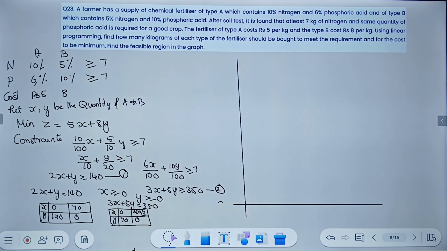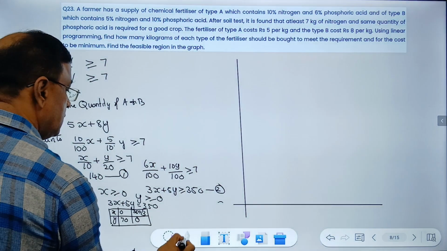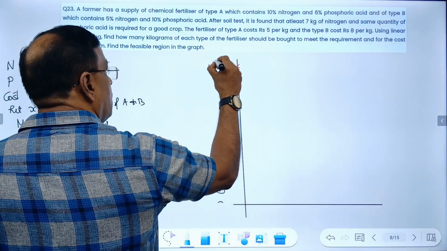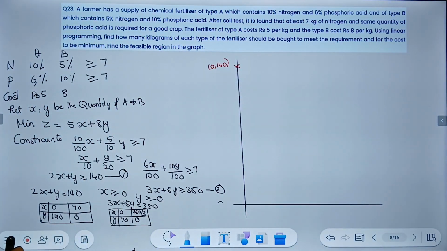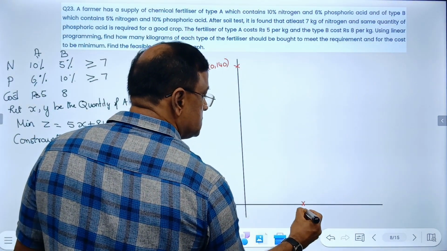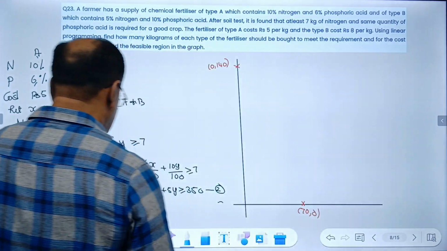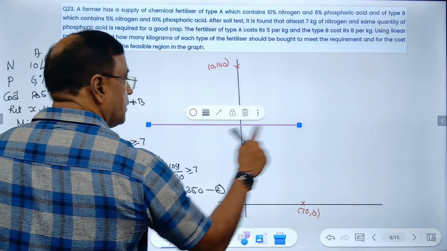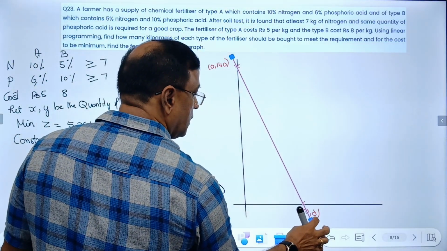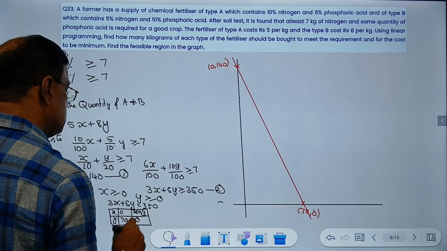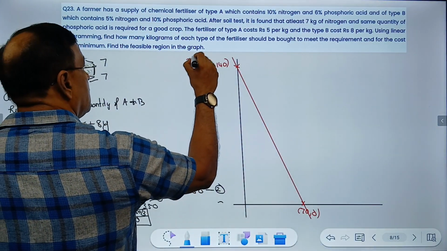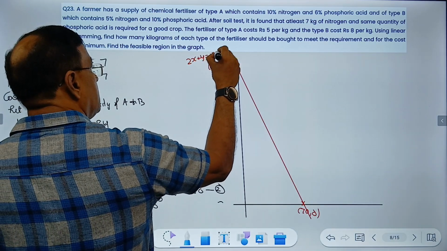Now let's plot it. 0, 140 is this. 0, 140, and then 70, 0. 70, 0 is this, and this is the line. So what is the equation of this line? The equation of this line is 2x plus y equal to 140.